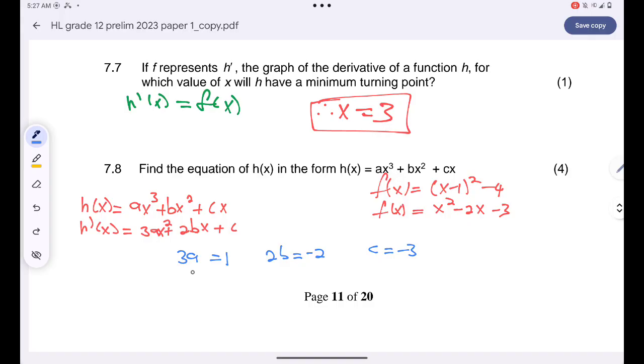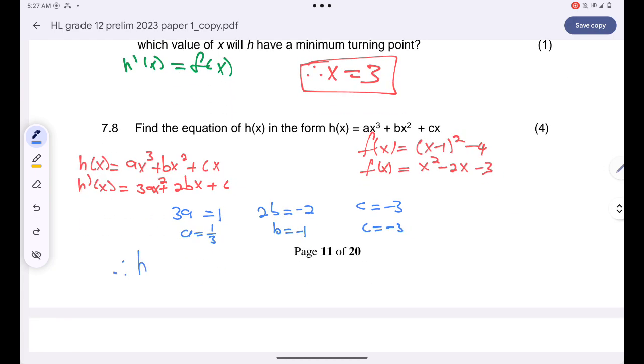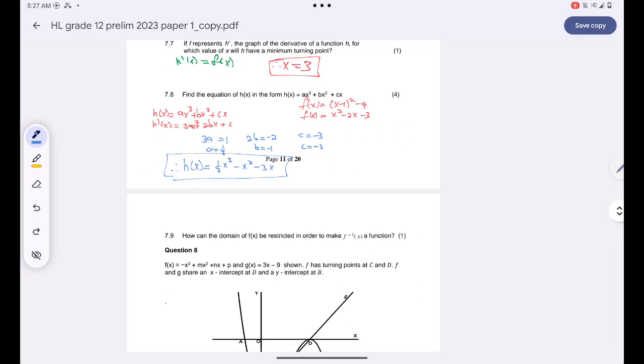So 3a is equal to 1, that means a is 1 over 3, b is negative 1, and c is equal to negative 3. I can therefore substitute. H of x will simply be equal to 1 over 3 multiplied by x cubed minus x squared minus 3x. So this will be the graph of h of x, guys.